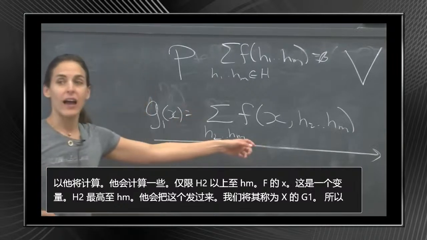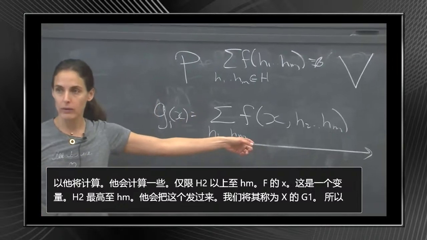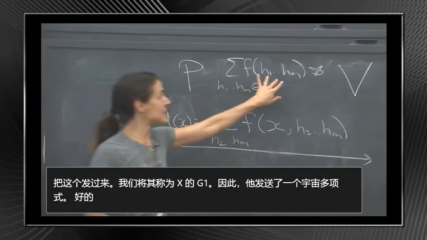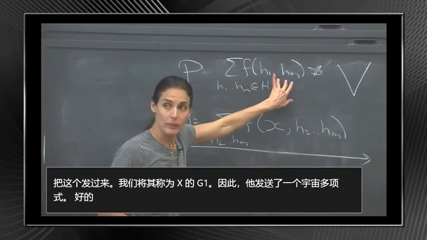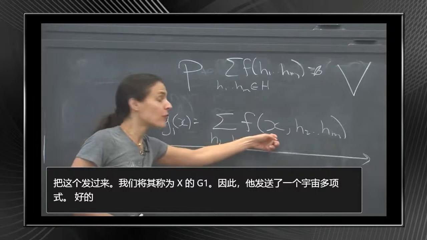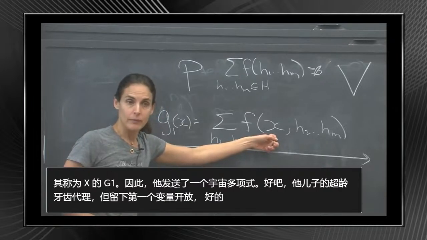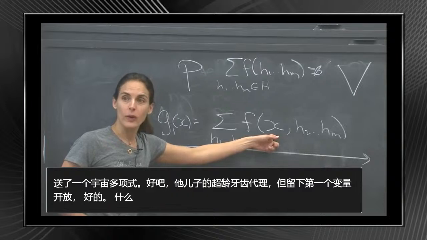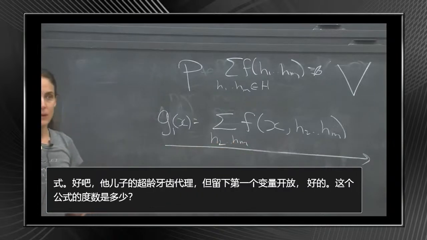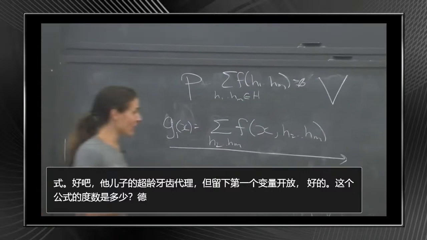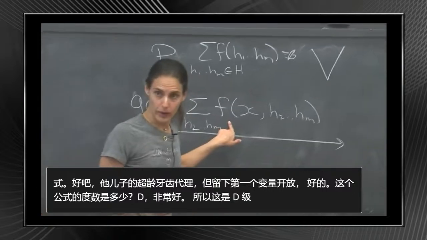So he sends a univariate polynomial, where he sums over h2 up to hn, but leaves the first variable open. Okay? What is the degree of this polynomial? D. Very good. So this is a degree D polynomial.